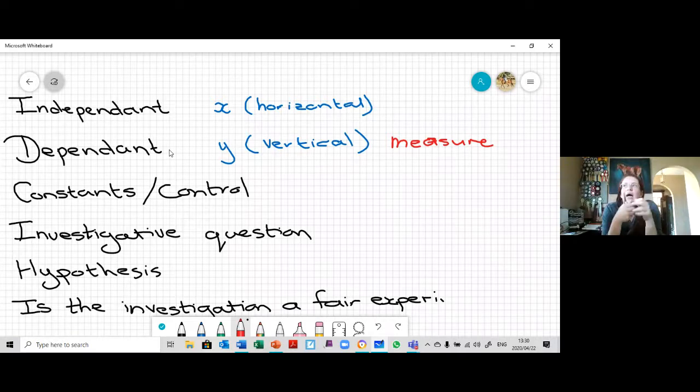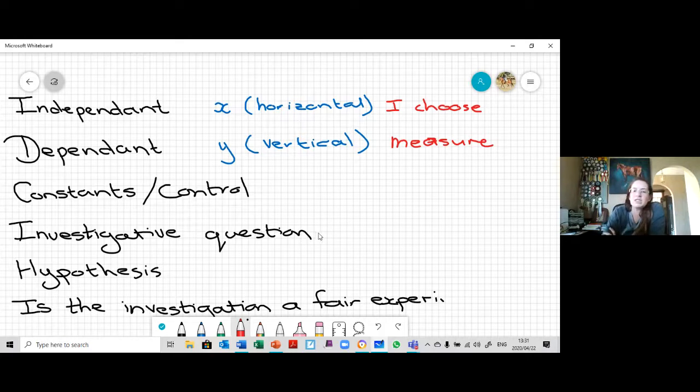If I'm working with forces, let's say Newton's second law, then often I'm measuring the acceleration, and so the acceleration is the dependent variable. That means that the thing that I consciously change is the independent variable. So the thing I choose is the independent variable. Okay, so that's how you distinguish between those two.